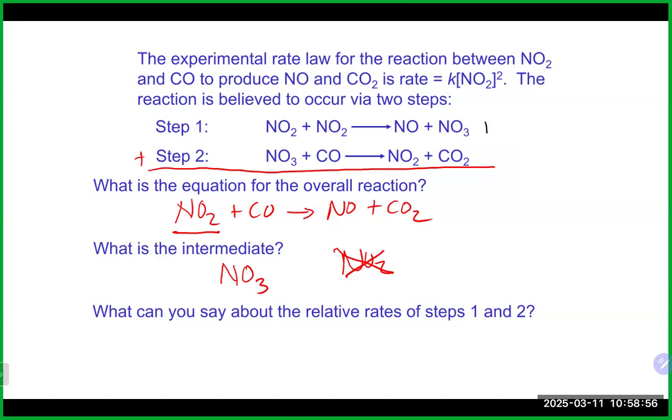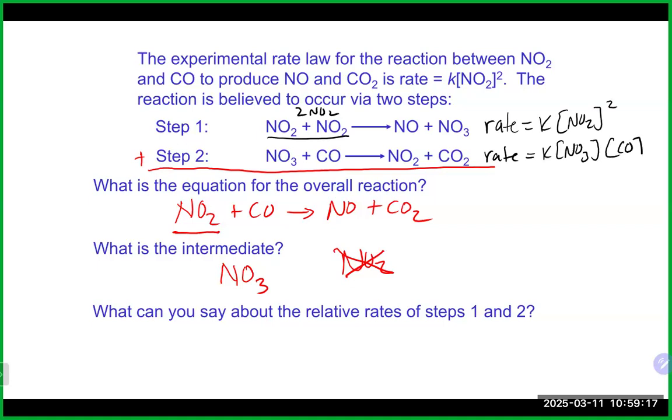For the first step, the rate would equal k times NO2 squared, because that is 2NO2 when you put them together. We can also write a rate law for the second elementary step, which would be k times NO3 and CO. First off, any questions on how to get those?